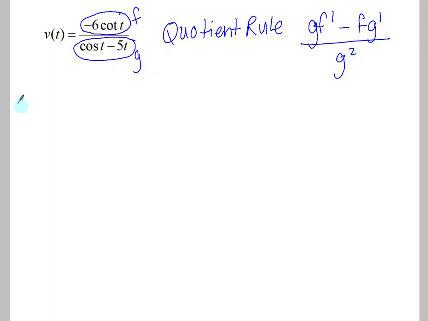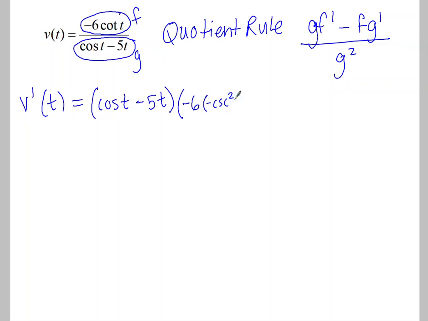Let's apply that. v prime of t equals, starting with low, I use parentheses because I'm multiplying, cosine of t minus 5t, d high, the derivative of the numerator, negative 6, constant multiple, times the derivative of cotangent x, which is negative cosecant squared x, but this is t, so I'm using t.